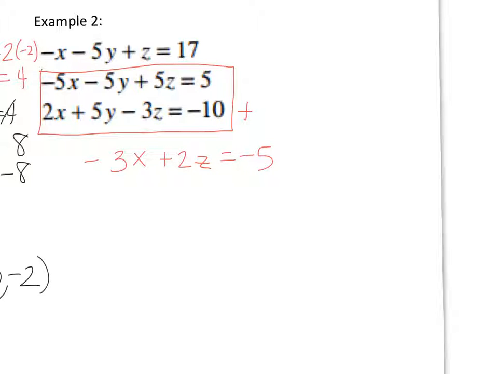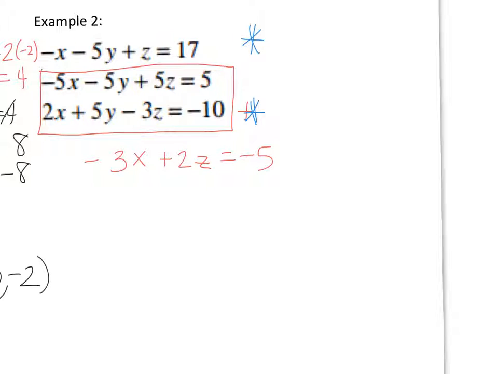So I took two of the equations and eliminated the y. Now I'm going to pick two more equations, a different combination, and eliminate the y. I'm going to use the top one and the bottom one, because I can eliminate the y's again, because this is a negative 5y and this is a positive 5y.